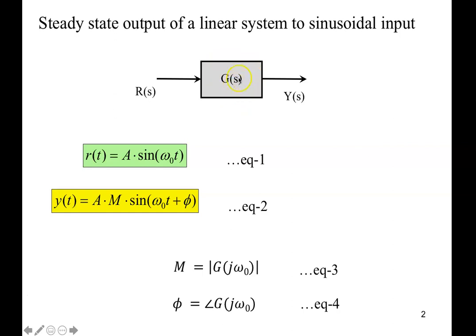Of course, there are s's inside that transfer function, and you replace every single s by j omega naught, where j indicates an imaginary number and omega naught is the frequency of your input signal or input sine wave.